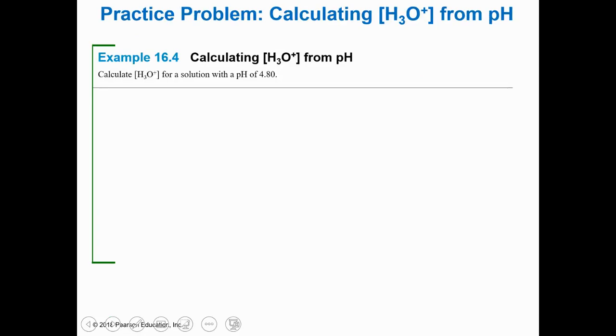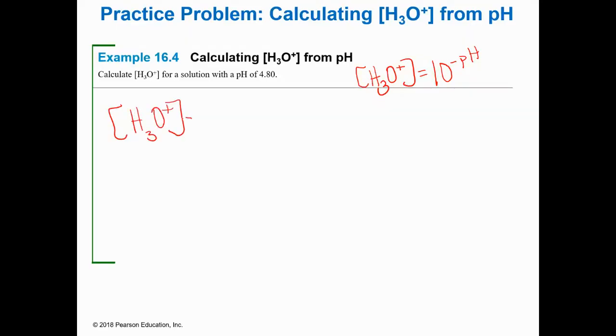Okay, now we're going to go the opposite way. Remember to find concentration from pH, we're looking at 10 to the negative pH. So hydronium is 10 to the negative 4.80. Also, pH does not have a unit, but concentration does. So make sure for concentration, you put a unit.